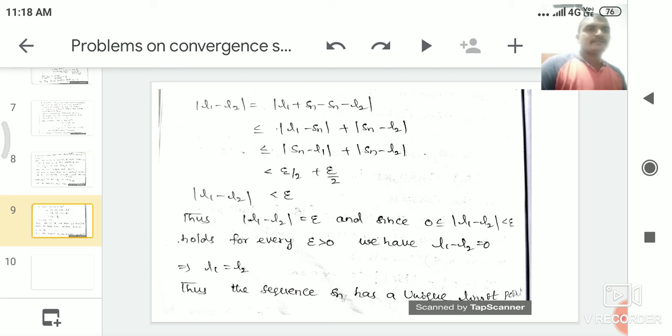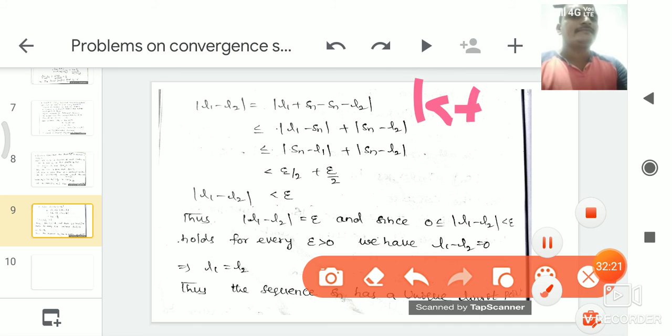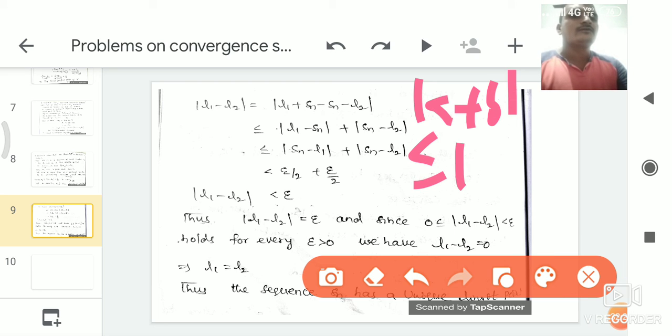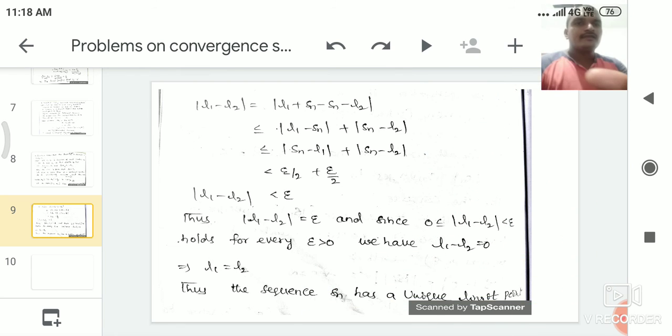We use the theorem that mod a plus b is less than or equal to mod a plus mod b. Here a is L1 minus Sn and b is Sn minus L2.